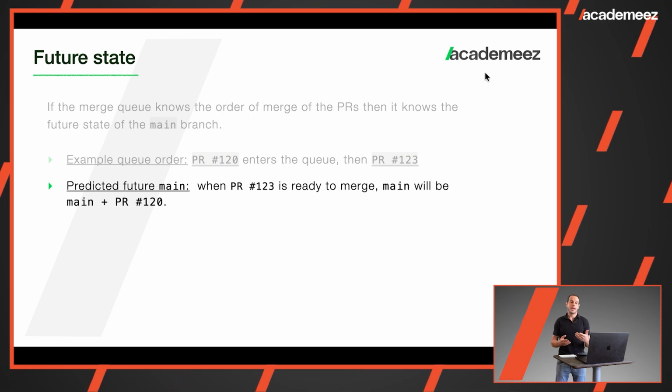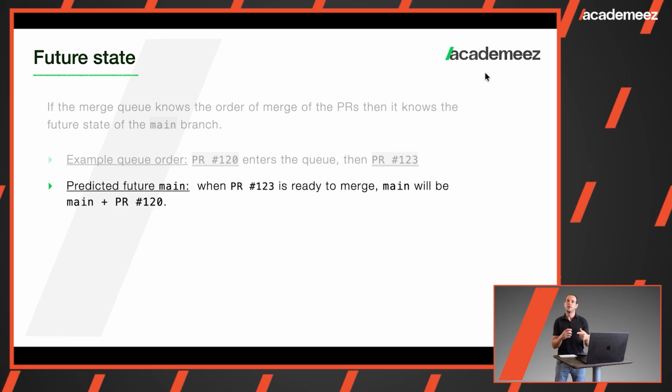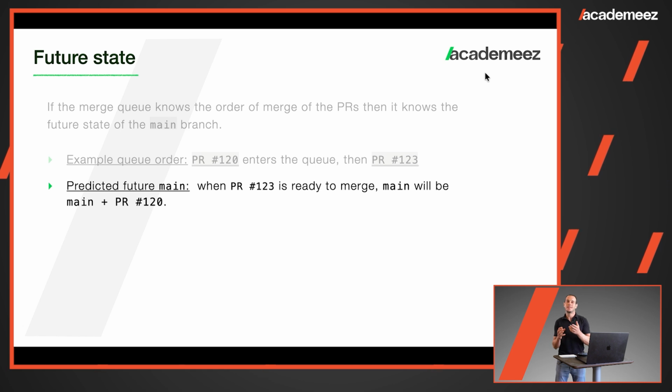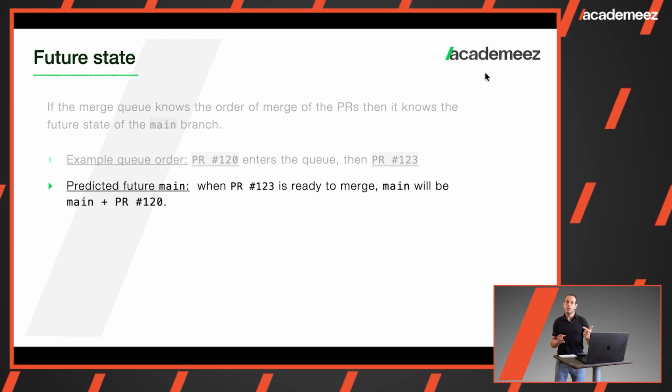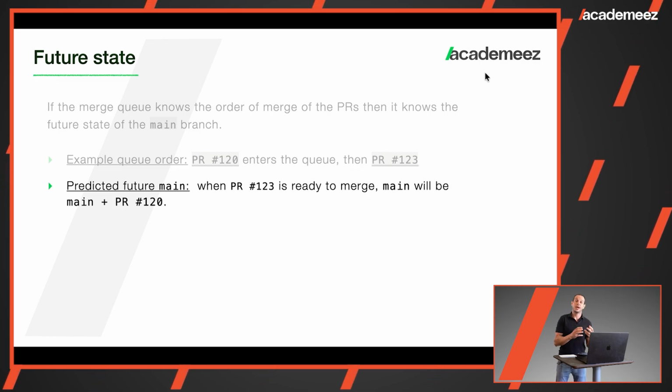And knowing the future state matters when running checks. We said that when a PR enters the merge queue, it is going to run checks again on the PR. So for the second PR, ID 123, the merge queue knows that when it's going to have to merge PR 123, PR 120 is going to be already merged.